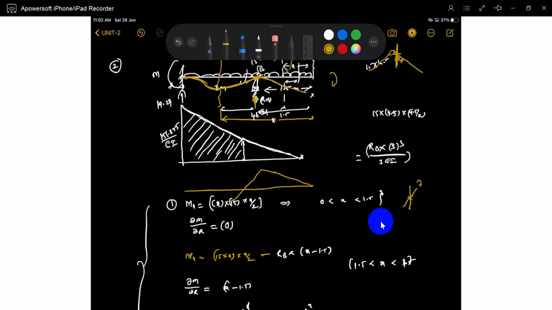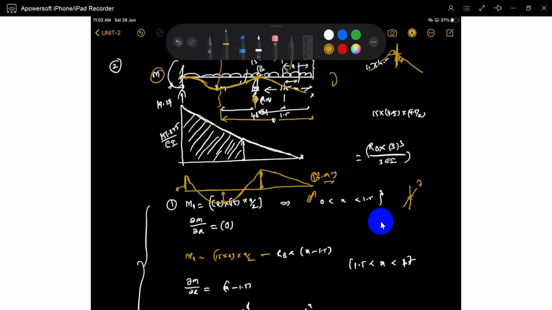So it decreases and increases like this. This will go low. This is the bending moment diagram. You can easily find this moment, write it. Somewhere here you also get a moment, so it will come like this.